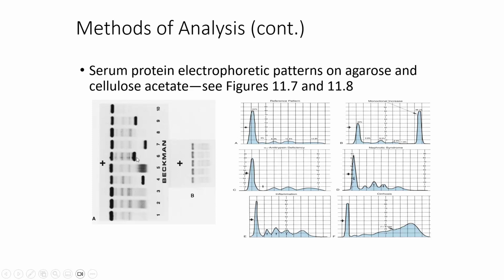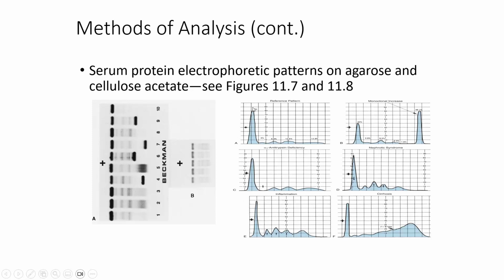Then we use what's known as a densitometer. The densitometer determines the density of the bands, or the protein concentration within the different bands, and produces a graph for us. So the higher the peak, the more dense the color in the band.